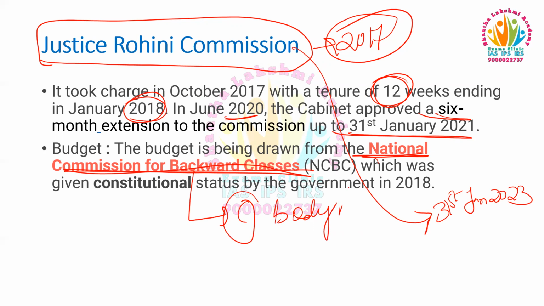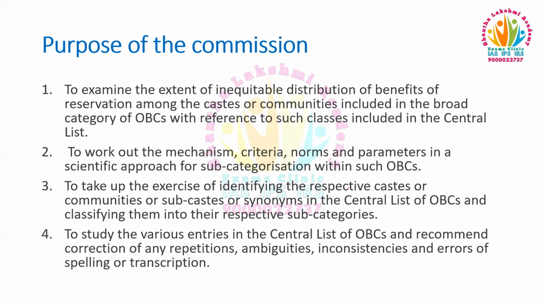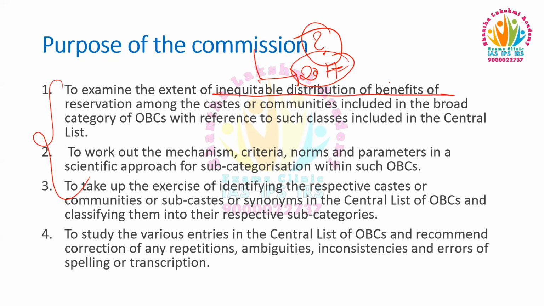Then moving forward. Now, what is the purpose of this commission? We'll see that now. When the commission was appointed in 2017, it was given 3 purposes. That is, to examine the extent of inequitable distribution of benefits of reservation among the OBCs, and to work out the mechanism, criteria, norms, and parameters in a scientific approach for subcategorization within such OBCs.